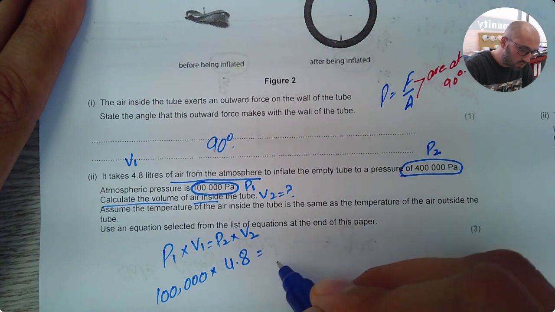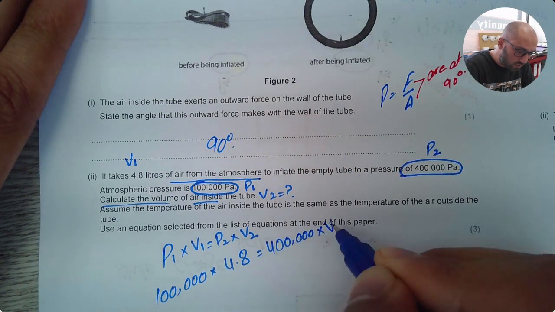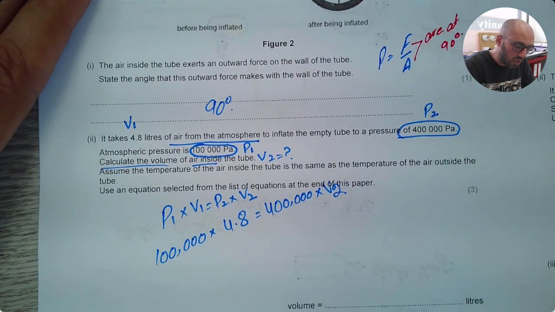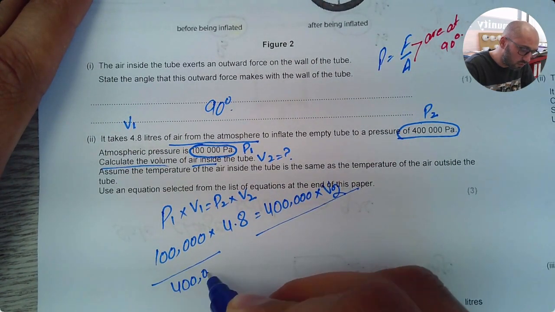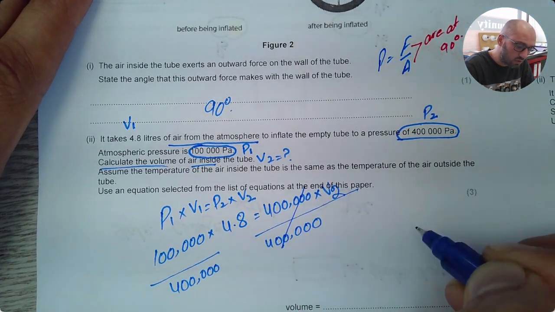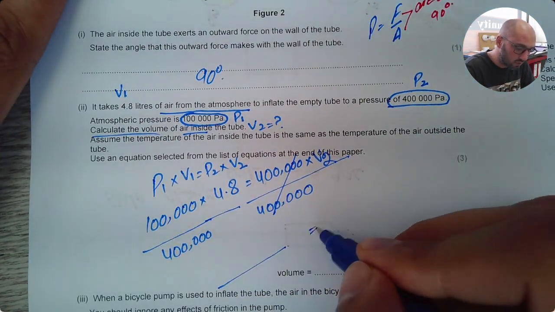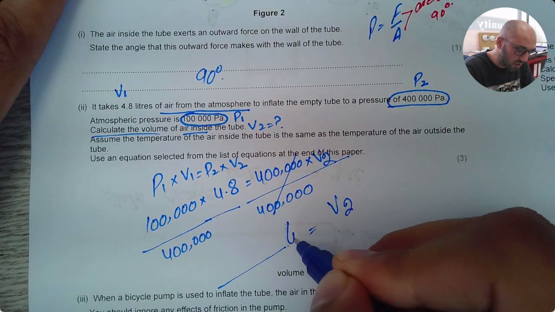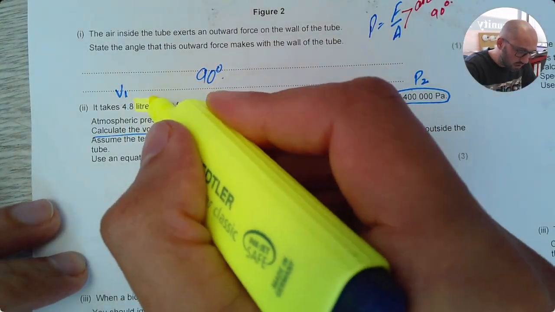P2 has a value which is 400,000. And we do not know the value of V2. All I have to do is make V2 my subject, so I'll divide both sides by 400,000. So cancel out. If you plug this value in your calculator, it will give you an answer for V2 and it will be in liters because our volume in this case was in liters.